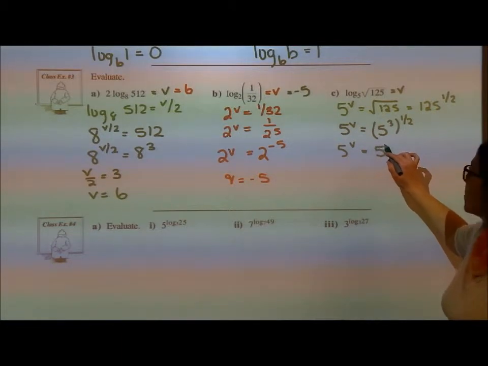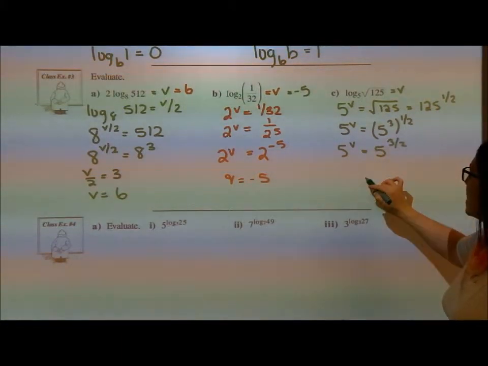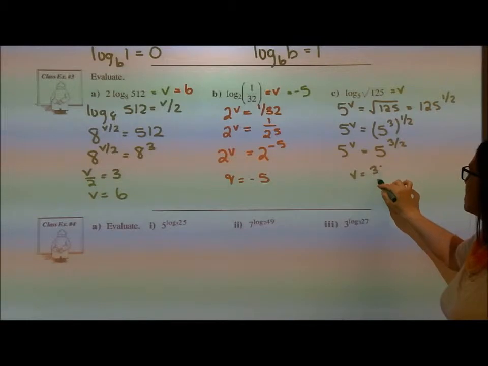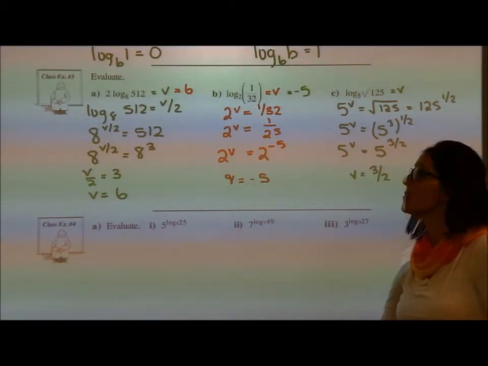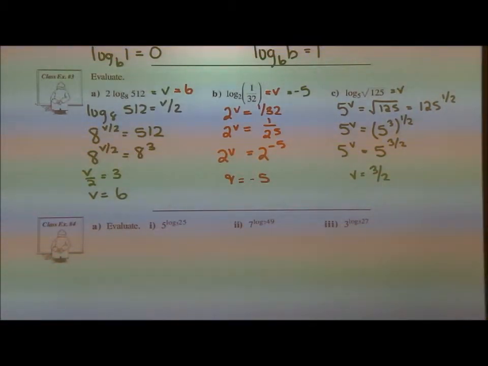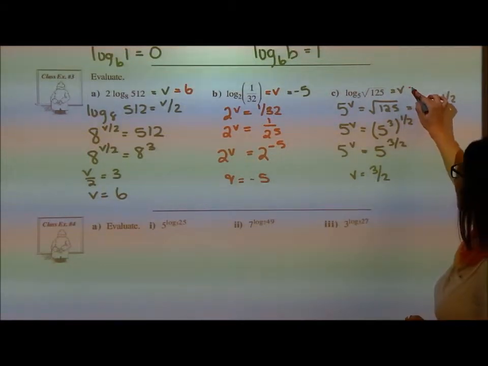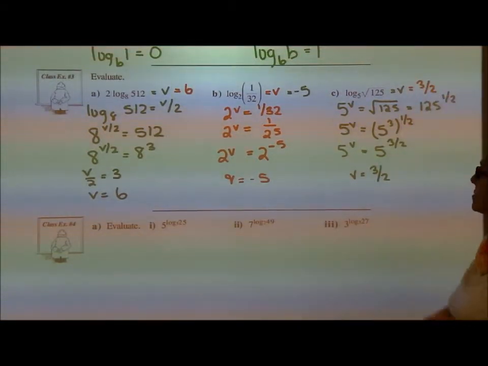To the what? 3/2. So then v would equal 3/2. So then log base 5 of the square root of 125 would be equal to 3/2.